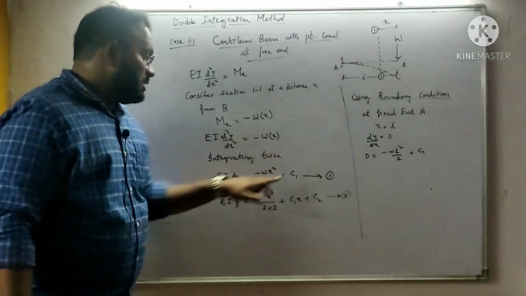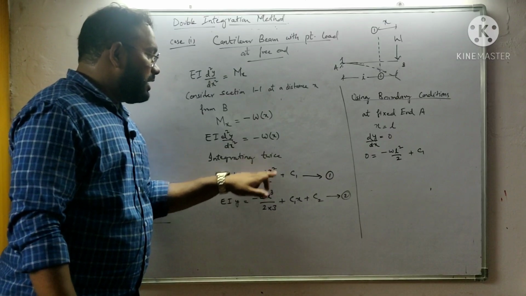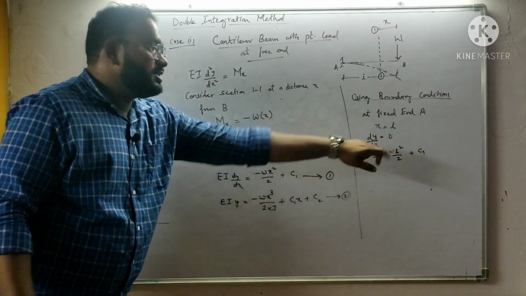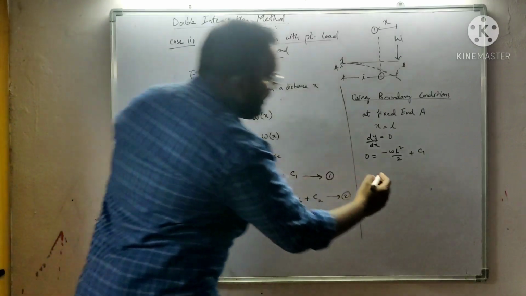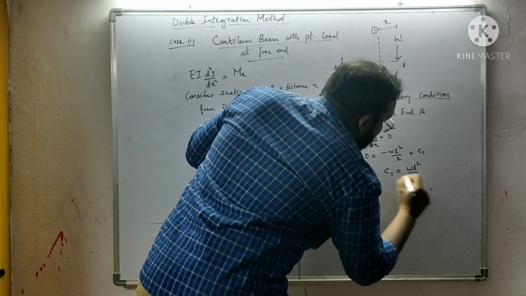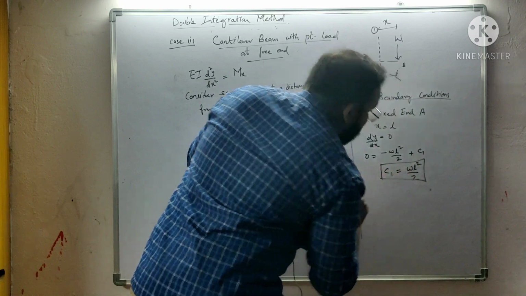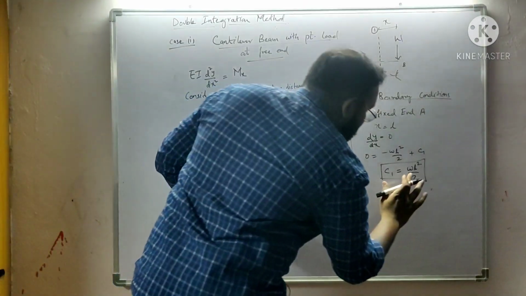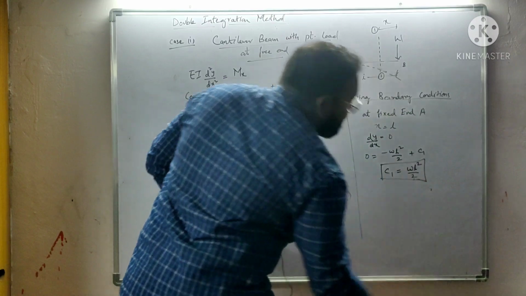So dy/dx is 0, x is equal to L, so minus WL²/2 plus C1. Or from this equation, C1 will be equal to plus WL²/2. This is the value of C1 which you got from equation number 1.